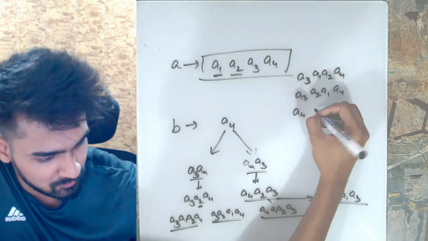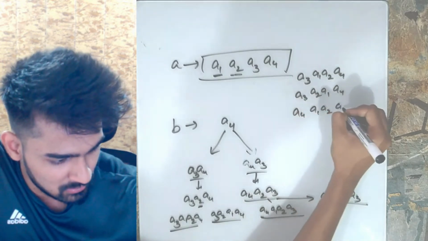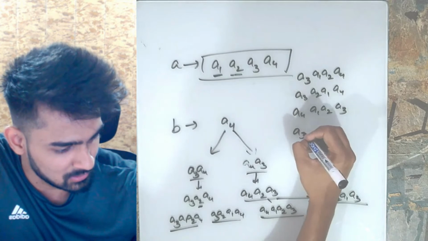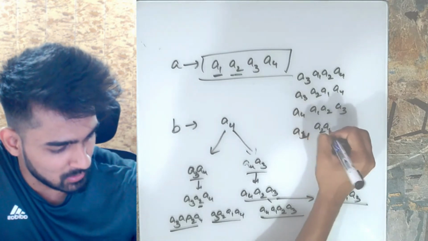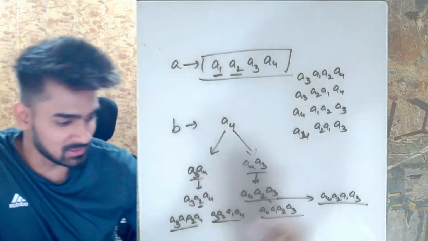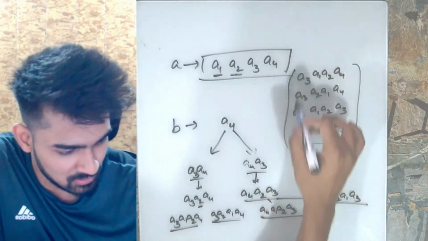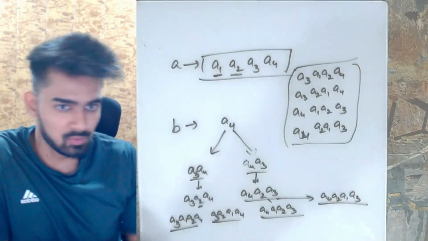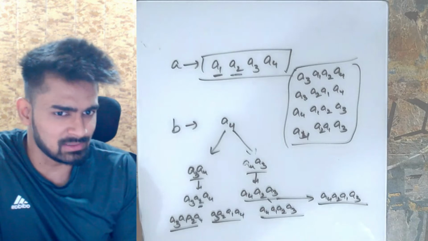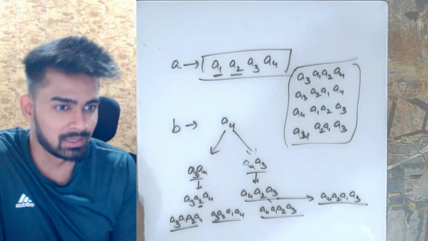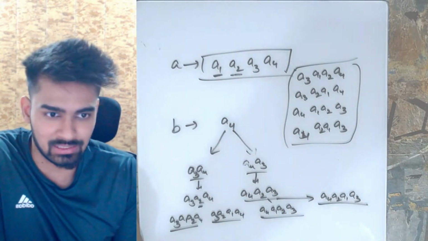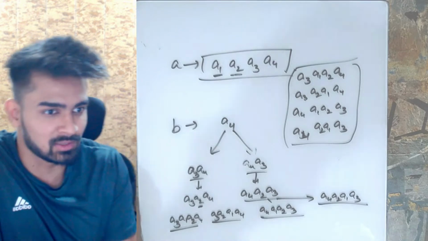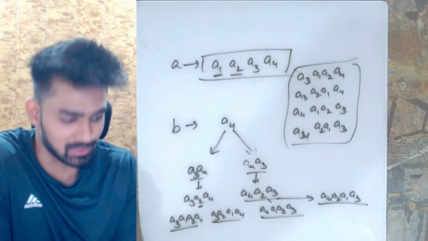Then we had A4, A1, A2, A3. And we had A4, A2, A1, A3. So these are the 4 possibilities for B we had. Now, while making C, what we have to do is take the middle element from B and move it to the end of C. If B has even length, then you can choose which of the 2 middle elements to take.